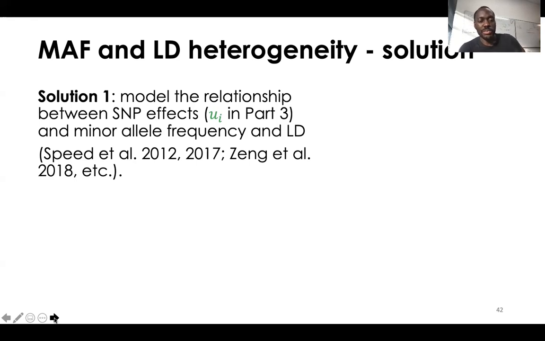And I've just listed here a few more papers, in particular Zeng et al. 2018, which looked at that using Bayesian models. There are actually a number of methods out there to introduce those models and this dependency between the variance of the SNP effects and LD and MAF attributes.